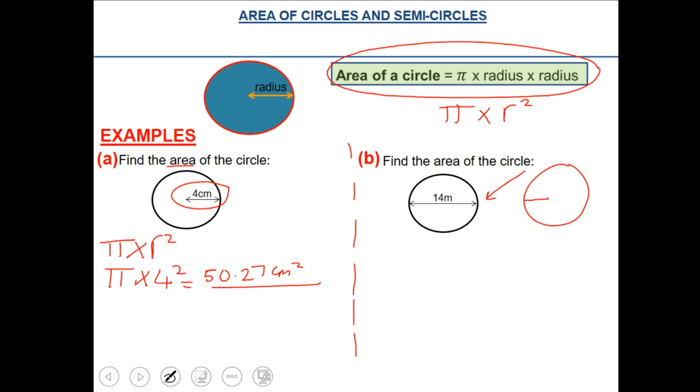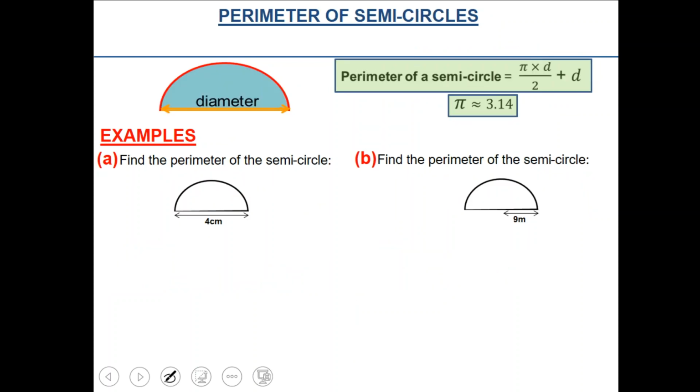Okay, so what you should have realized is if the diameter is 14, the radius is going to be 7. So from that, we should be able to work out the answer. And the answer is as follows. You should get 153.9 meters squared to 1 decimal place.